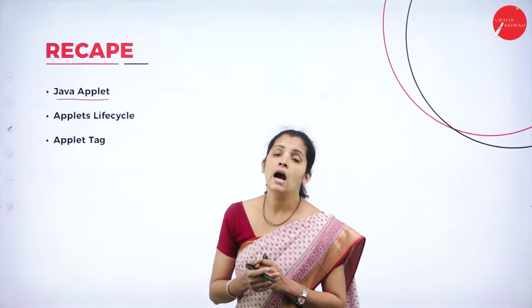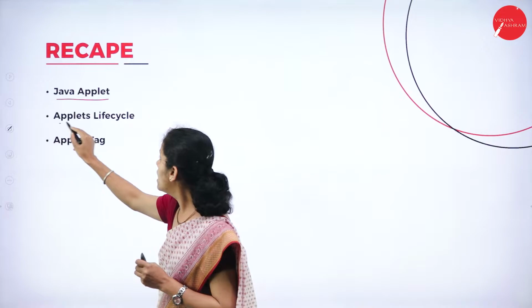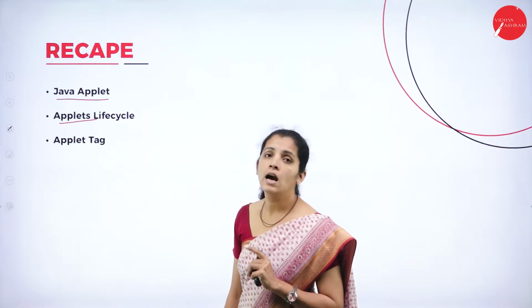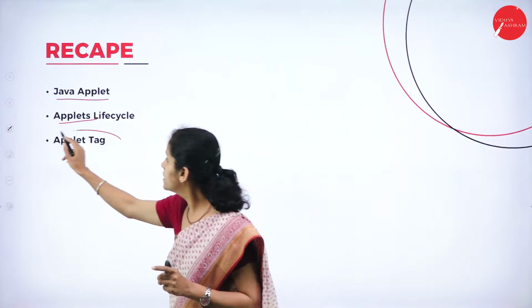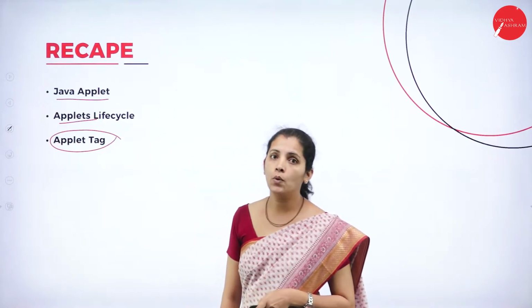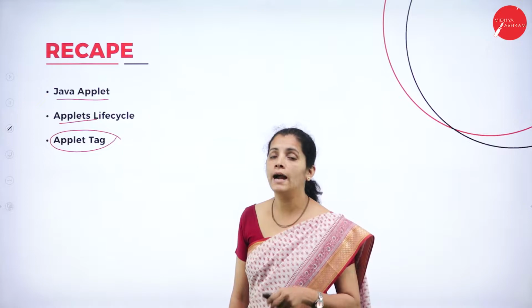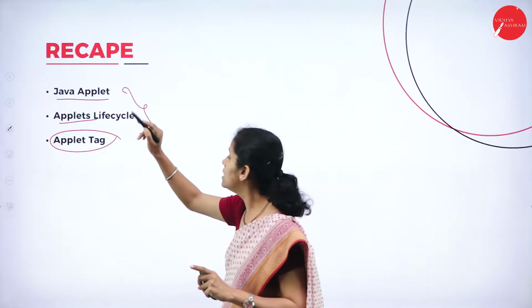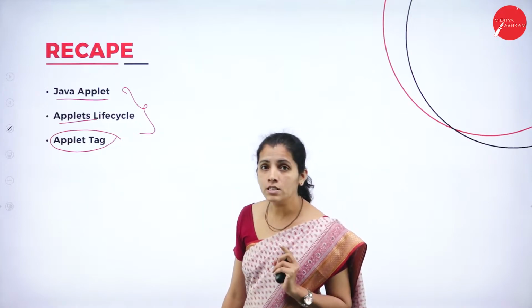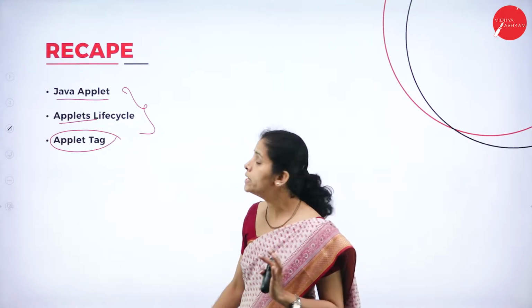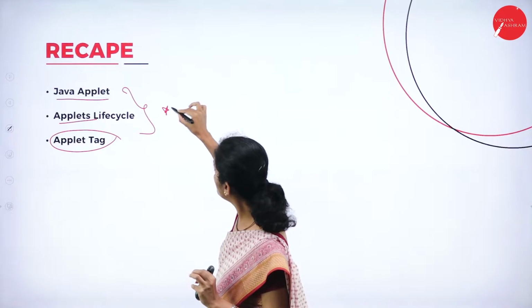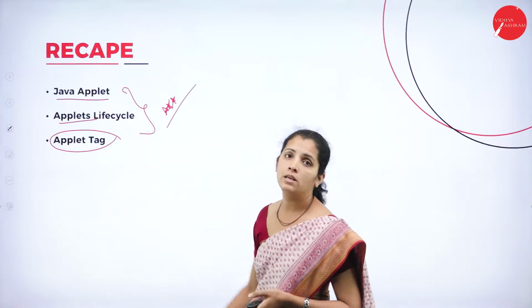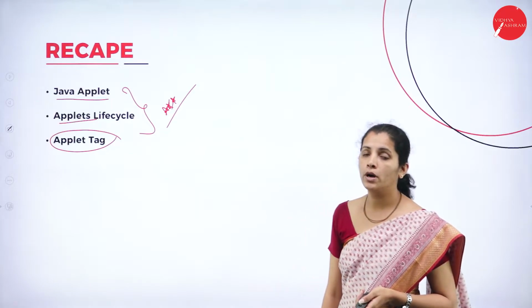Along with that, I have discussed the applet's life cycle and the applet tag along with an example, and these are the topics I covered in my last session of this unit. So dear student, from the examination point of view, all three topics are very important.